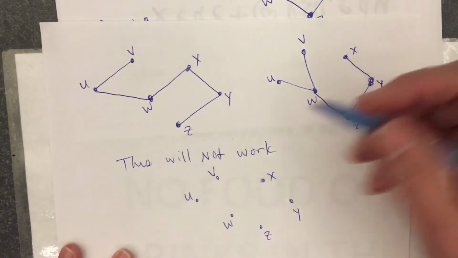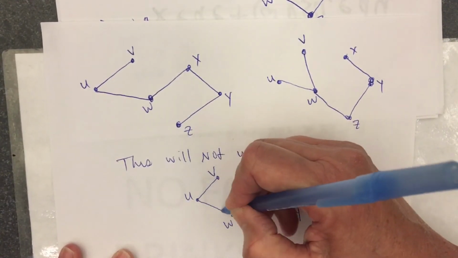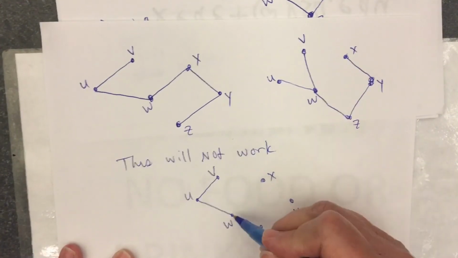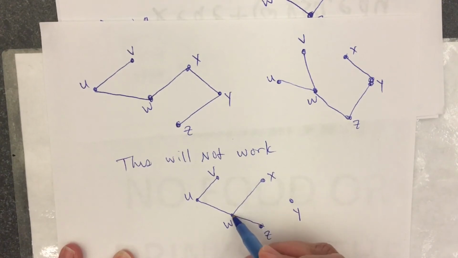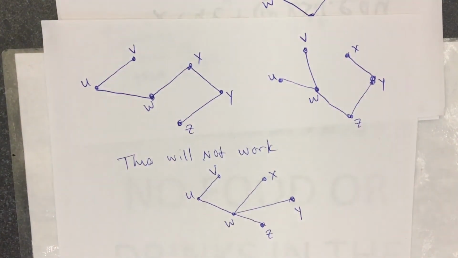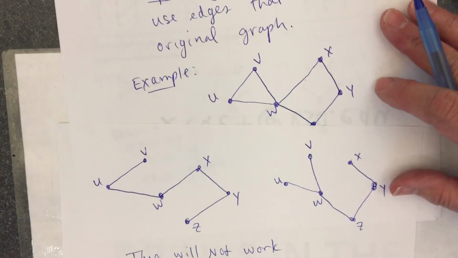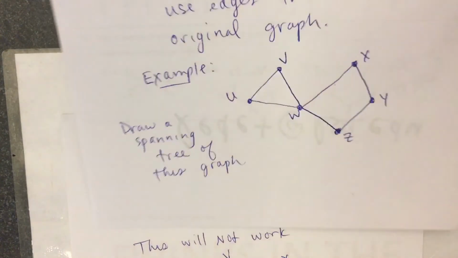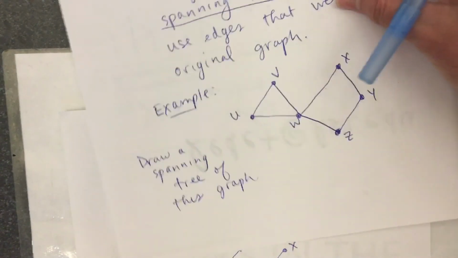They say, okay, we'll take UV, we'll take UW, I'm going to do WX, I'll do WZ, and I'm just going to put in a brand new edge, WY. Now WY was not on the original graph. That's not allowed.